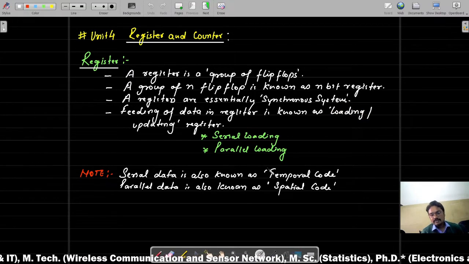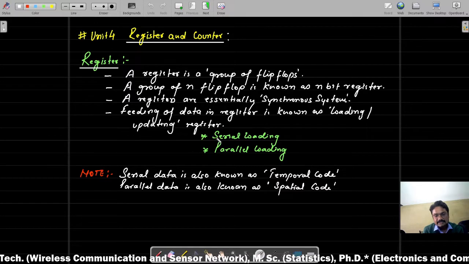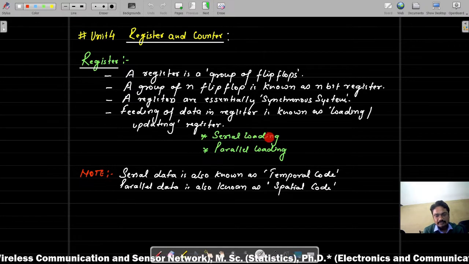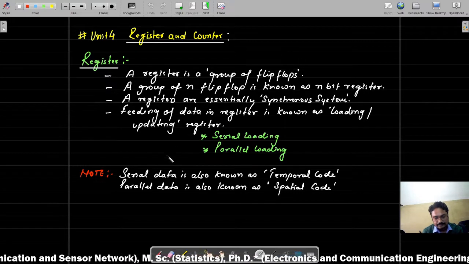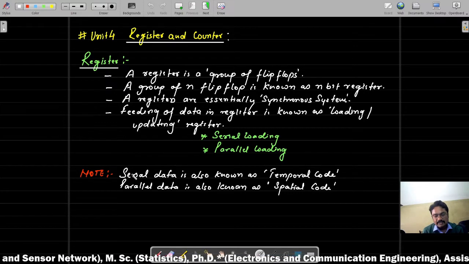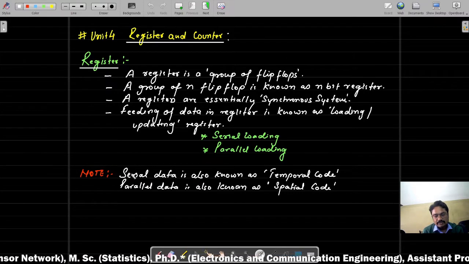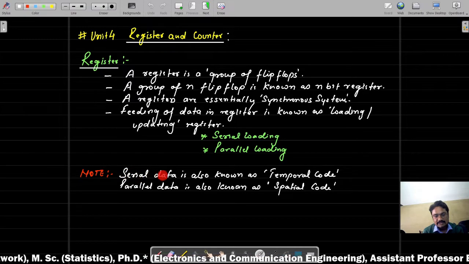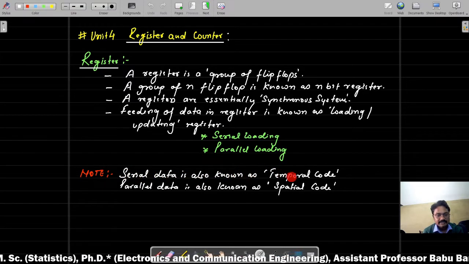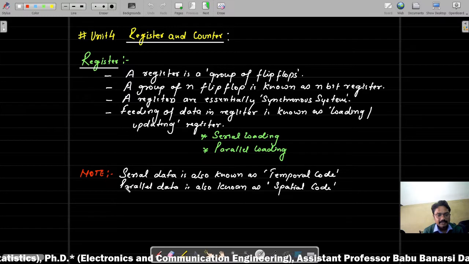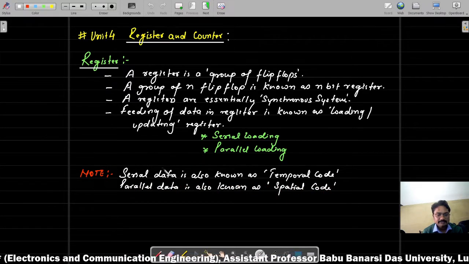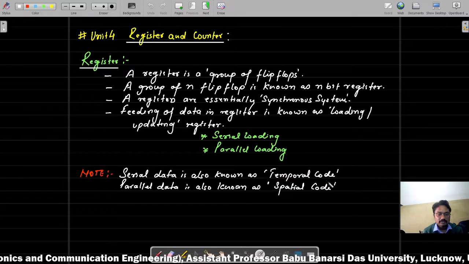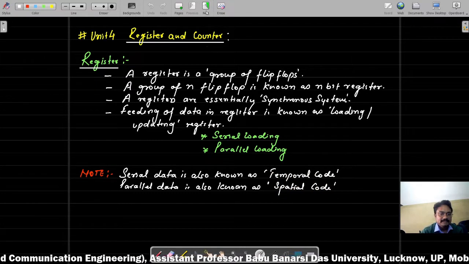The loading or updating of data in the registers can be done in two different forms: one is serial loading, another is parallel loading. Very importantly, you should also note at this point that serial data is also known as the temporal code, and parallel data is also known as the spatial code. We will discuss these codes soon after this slide.